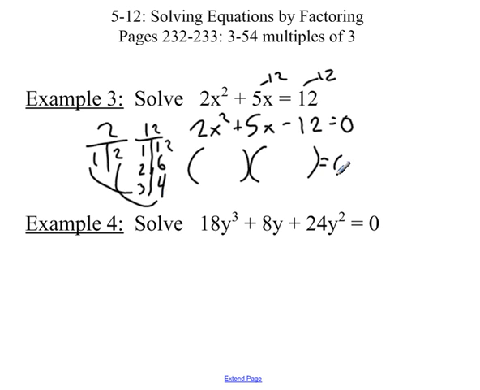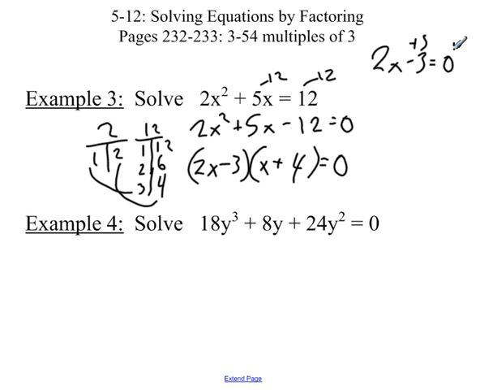So your binomials will be 2x and x. The 2 has to multiply by the 4, and the 1x needs to multiply by a 3 to make this happen for us. So positive 8 minus 3. Alright, now 2x minus 3 equal to 0.